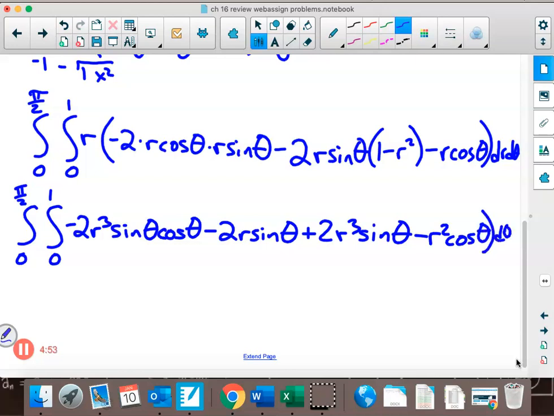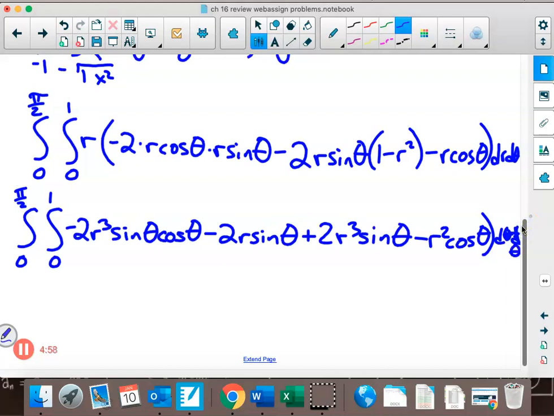And your stuff cancels. Whoops, that's an r. All right. Let's see. I don't see anything fun to get rid of. All right, well, let's just integrate.